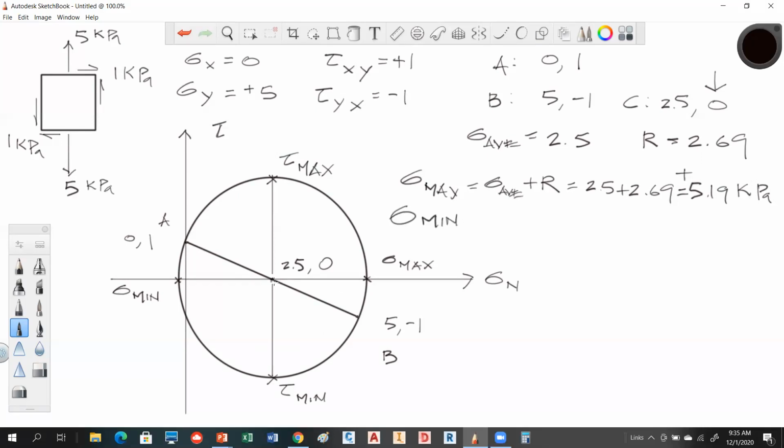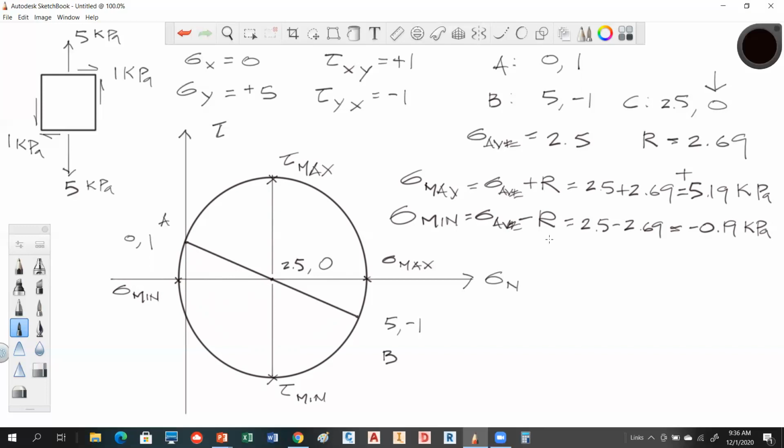The minimum, and you can look at this diagram, you're just going to take that value and subtract that distance, which is R. So you just take simply the average minus R. So in this case, we have 2.5 minus 2.69. It's going to give us a negative 0.19 kilopascals. Notice the negative, just like my diagram shows, and if you drew this properly, you could literally scale that distance, and that should give you the same number theoretically.